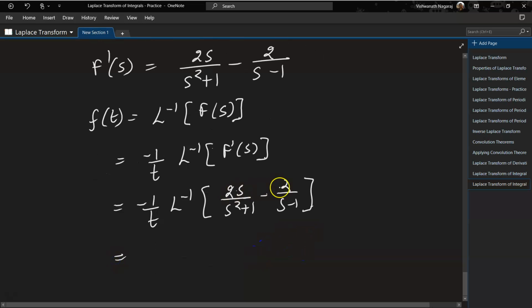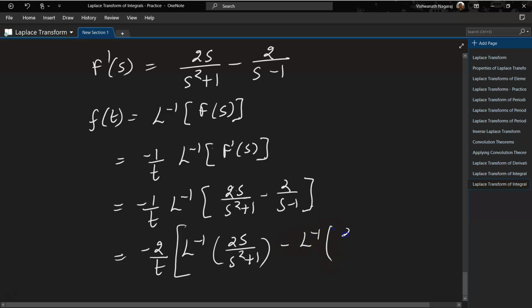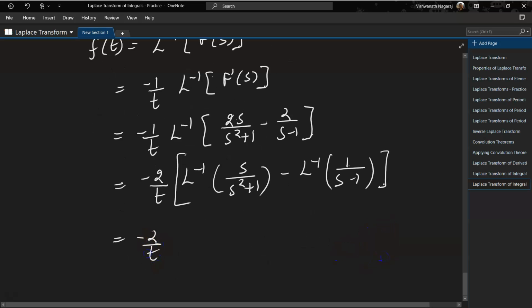Now 2 is common to both, so we can take it out. So this becomes minus 2 by t Laplace inverse of s by s square plus 1 minus Laplace inverse of 1 by s minus 1, and now go back to your table.